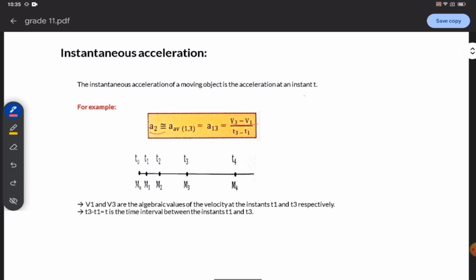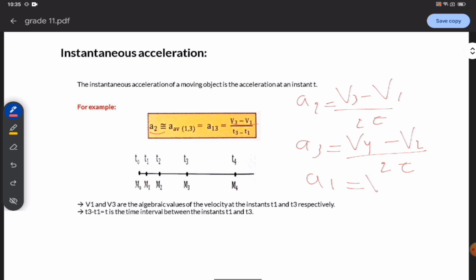So a2 equal v3 minus v1 over 2 tau, always over 2 tau. a3 equal v4 minus v2 over 2 tau. a1 equal v2 minus v0 over 2 tau.